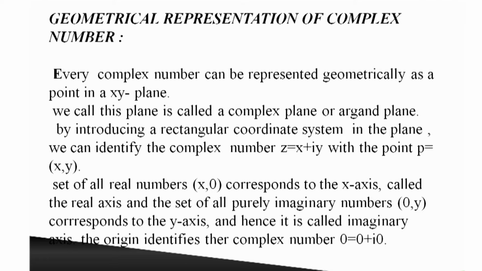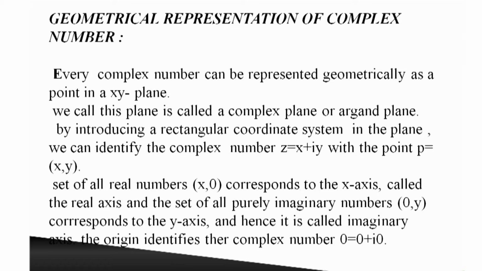Representing a complex number in the complex plane is called Argand diagram. For example, you take z is equal to 2 plus 3i. As 2 and 3 are real numbers, we can write 2 plus 3i as 2 comma 3. Therefore, there is a one-to-one relation between the set of complex numbers and the set of ordered pairs of real numbers. So, it represents a point in the plane.